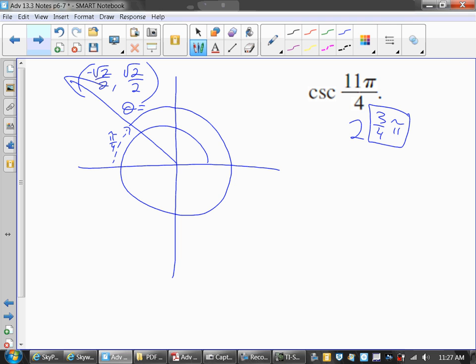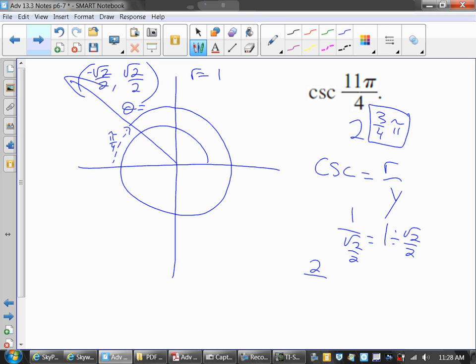Now, we know that for the unit circle, what's your r value? 1. Cosecant is r over y. It's the inverse of sine. Remember that? So, 1 over root 2 over 2 is 1 divided by root 2 over 2.